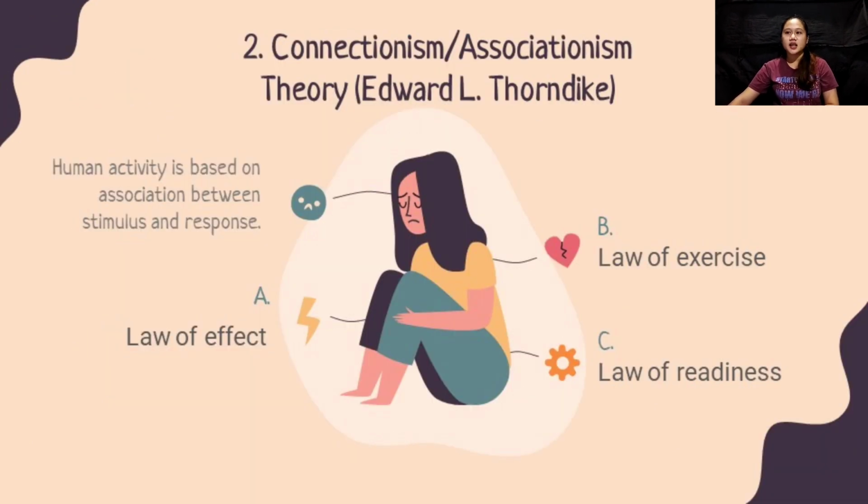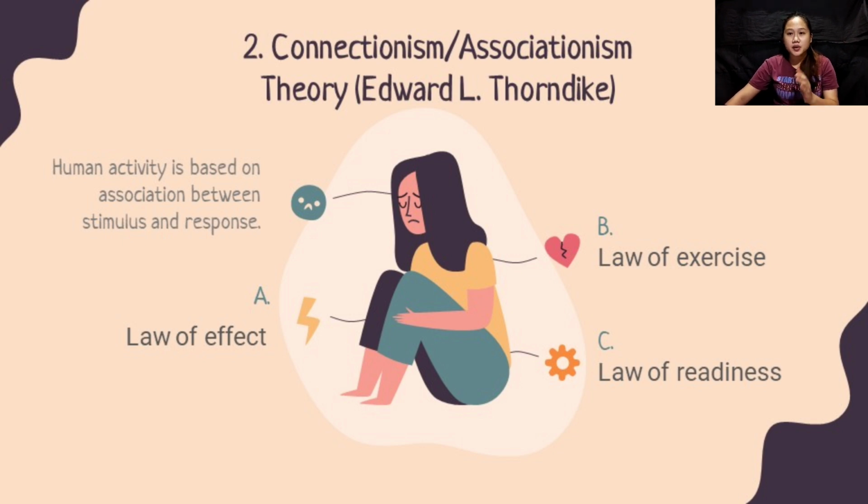So next is the connectionism and associationism theory by Edward L. Thorndike. So Edward L. Thorndike saw that the most distinctive forms of learning in man and animal alike is learning by trial and error.